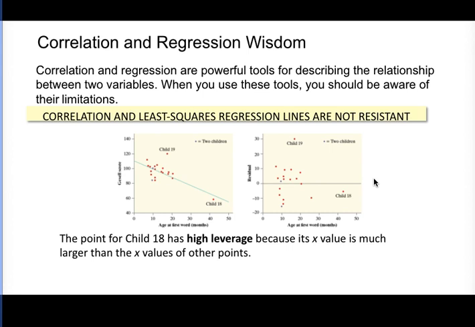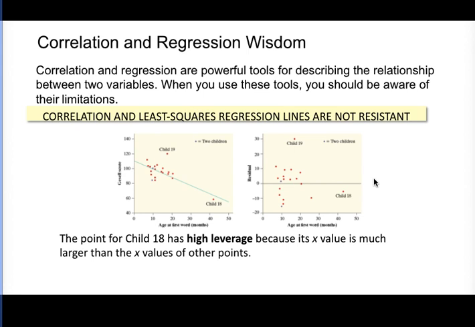Child 18 had a score that was going along the same path, but their first word happened at 40 months. So their first word happened when they were around 3, where everyone else had their first word around 1 and 2. Now child 19 had their first word around 1 and 2, or 10 and 20 months like everyone else, but their Gesell score is a lot higher. So child 18 is a high leverage point. Child 19 is an outlier.